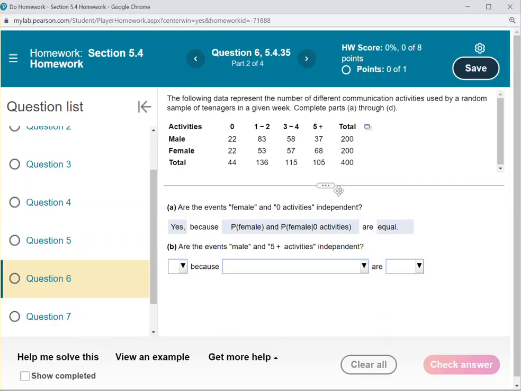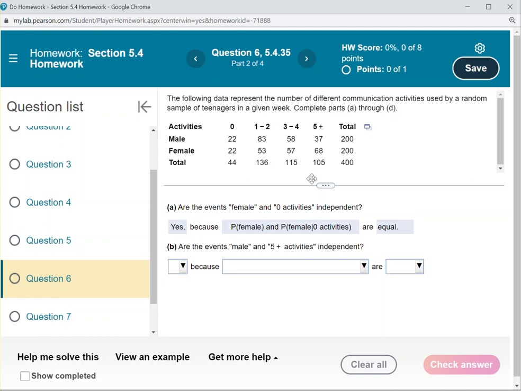So the probability of being male is also 200 out of 400, or 0.5 or 5/10. And the probability of being male given that they did 5+ activities, well, there's 105 that did 5+ activities, and the number that are male is 37.